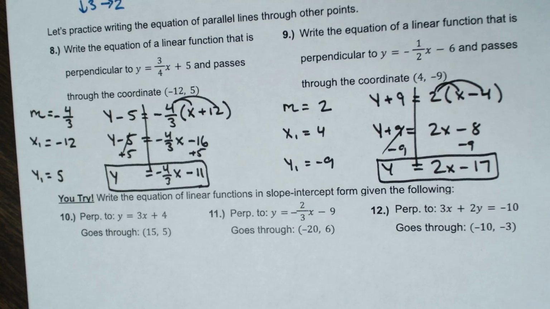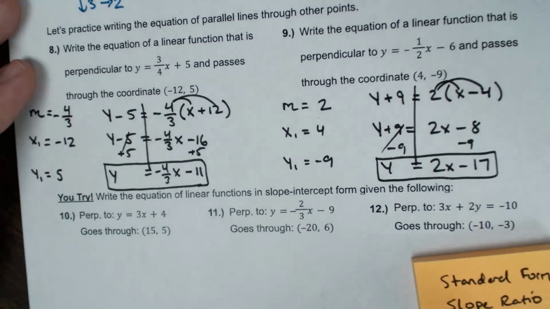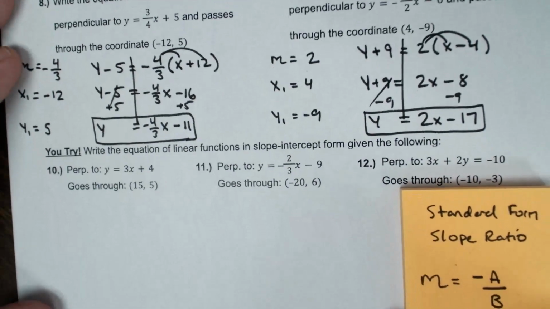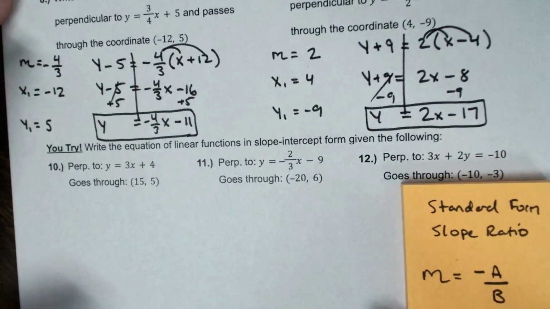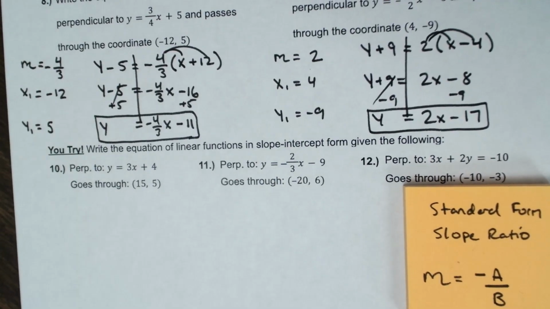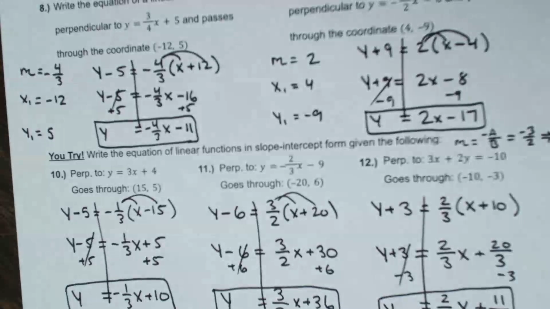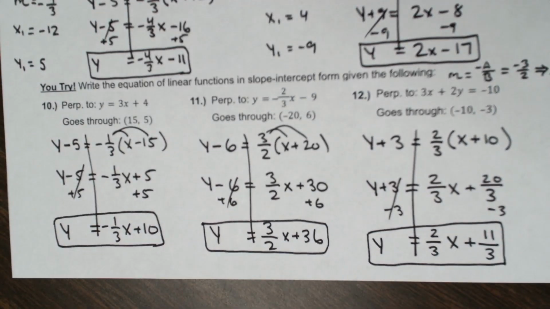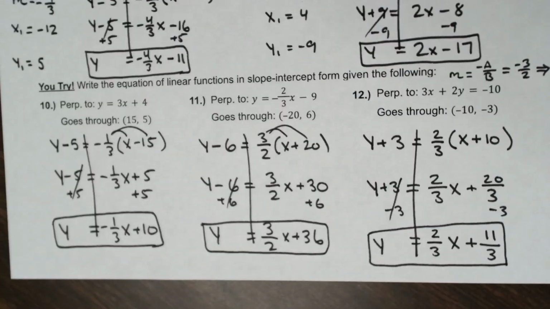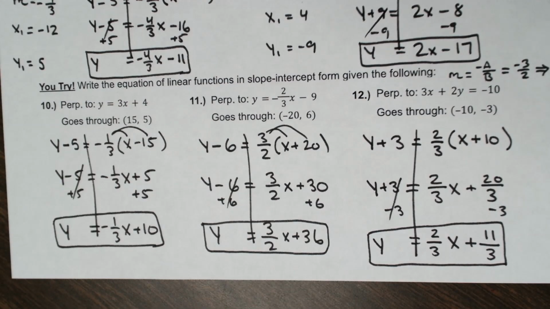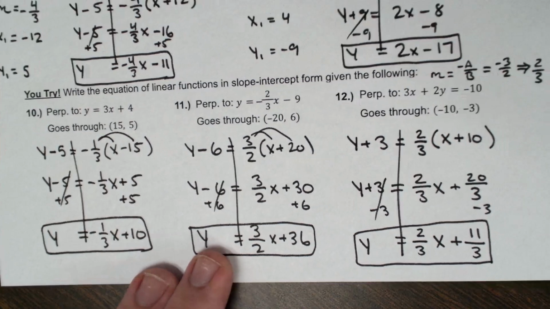Okay, if you have a question, let me know. If not, go ahead and try 10, 11, and 12. Again, for number 12, you're going to want to have that little slope ratio. So I'll leave them right there in the corner. And if you want to check your work, here are those 3 answers.